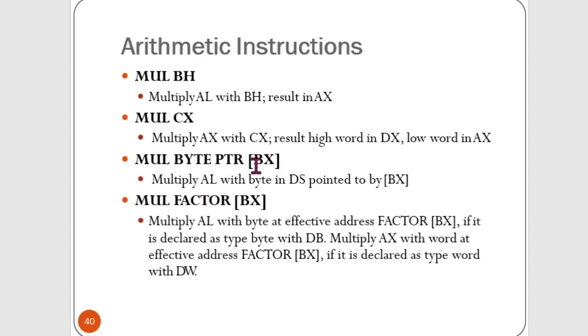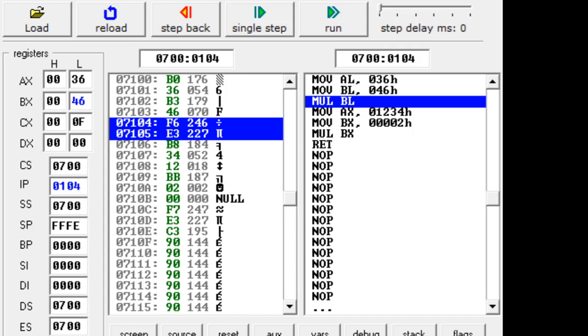you can also take a byte location from memory and that can be multiplied with the AX. See here, I'm going to perform the multiplication mul BL.